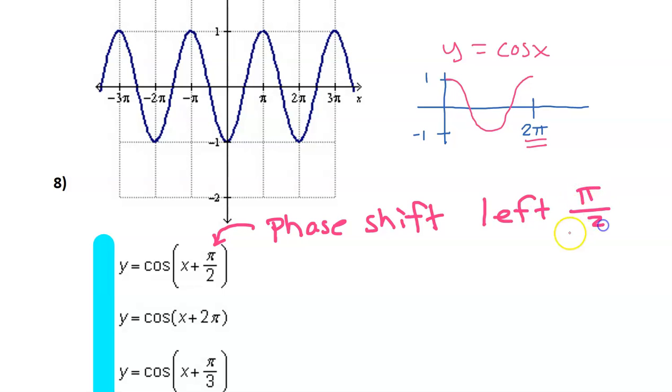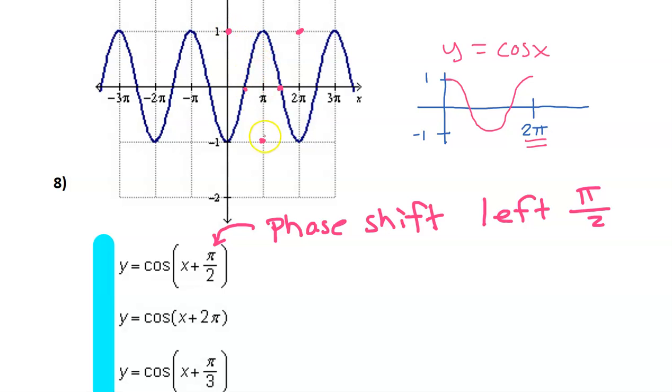So let's draw the parent function superimposed on this graph, so we can play with it. Remember, the parent function has a length of 2 pi and starts at 1. So it's going to go from here through the midline, fall to its low, back to the midline, and end up at its high.